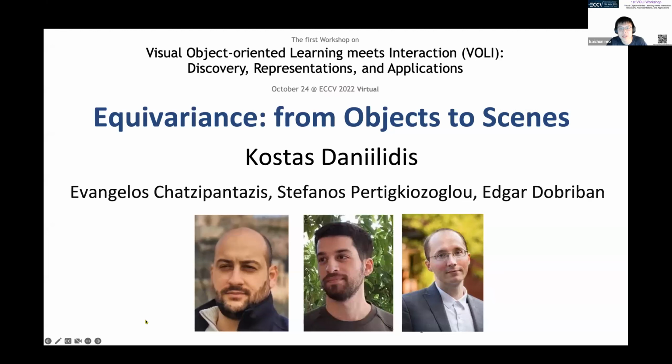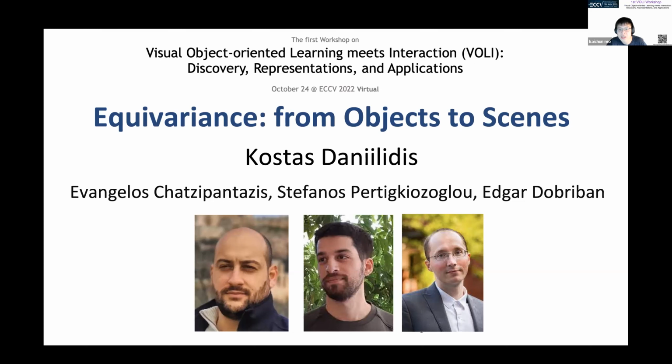Our first speaker is Kostas Daniilidis. Kostas is a professor in the Computer and Information Science Department at the University of Pennsylvania. He obtained his PhD in computer science from the University of Karlsruhe in 1992. He has made many important contributions to visual odometry, omnidirectional vision, 3D pose estimation, 3D registration, hand-eye calibration, structure from motion, and image matching.